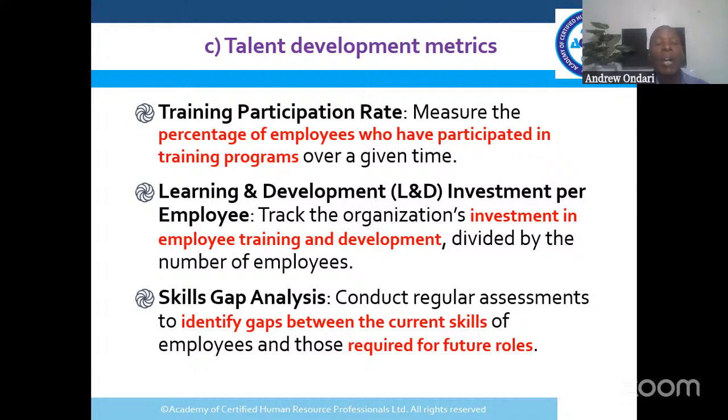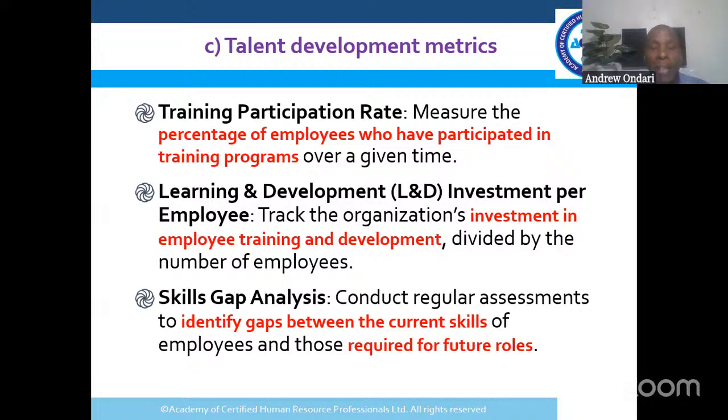So how do we enhance this? Or how do we make people's skills and knowledge grow or expand them? One, we can develop people through training. Two, we can develop people through delegation. Three, we can develop people through mentorship and coaching.